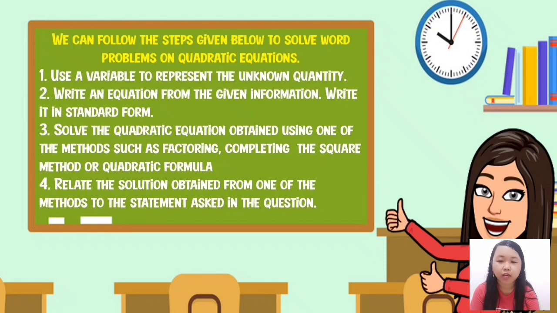Solve the quadratic equation obtained using one of the methods such as factoring, completing the square, or by using the quadratic formula. And last, relate the solution obtained from one of the methods to the statement asked in the question.